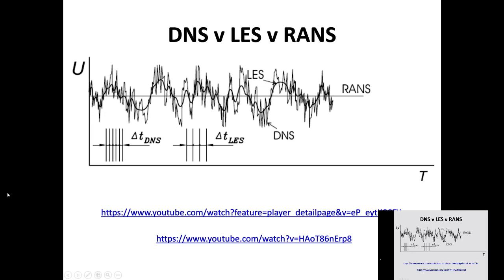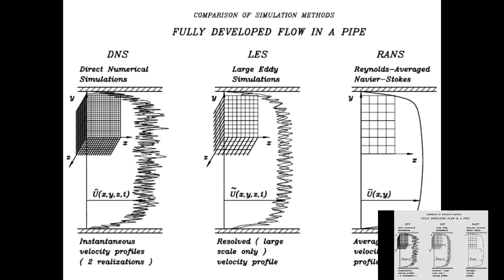You can see that DNS and LES are good. They give you a solution with respect to time as well. But your Reynolds average Navier-Stokes equations don't really give a solution at different times. It gives you an average solution for the flow field. This is what you did for your fully developed flow in the pipe case, right?